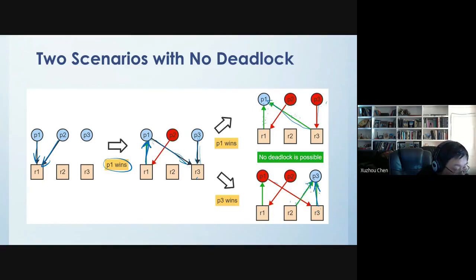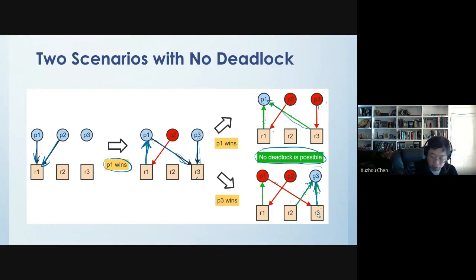So P3 gets all the resources and it can finish. P3 can eventually release R2 and R3. Once P3 releases R3, P1 can get R3 and continue to do the job. So in any other situation, deadlock is never going to happen.